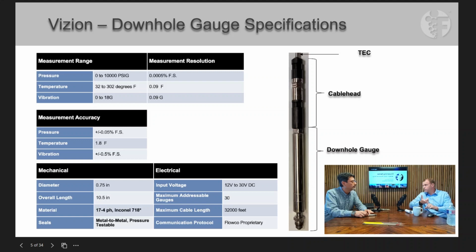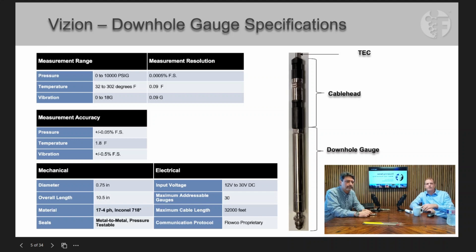Of course, the big one is pressure, our downhole pressure, which we'll call our bottom hole pressure. This is usually going to be at the bottom or the end of a tubing string in most cases. Other things that we can gather are temperature, so reservoir temperature or bottom hole temperature, and also vibration.